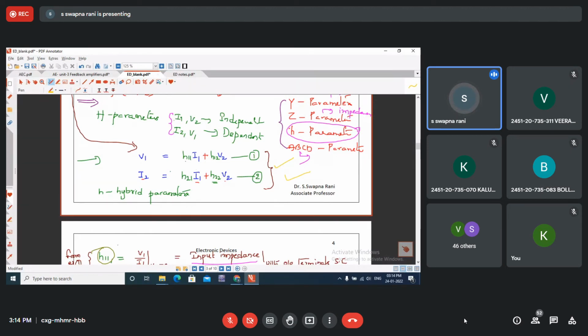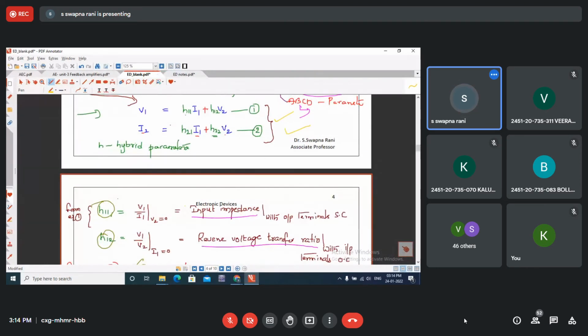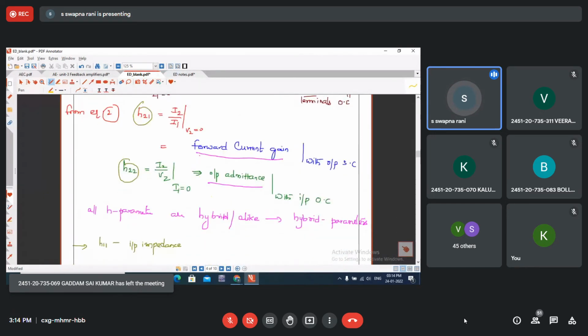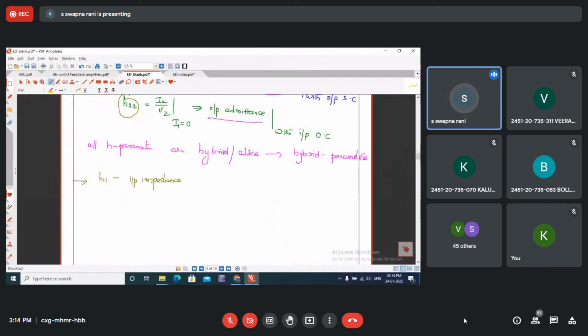If you understand why we have taken V1, V2, I1, I2, why I1 and V2 are independent and the other two dependent, it is going to be very easy for you. Just the mathematical analysis only. Analysis means deriving the mathematical expressions.